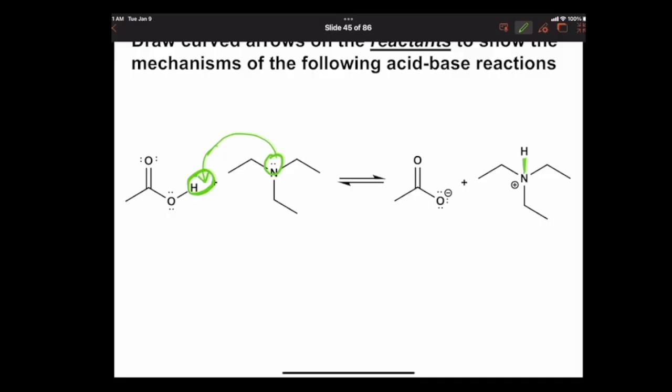What would be very poor, though, is if I were to draw out this base, lone pair, and my OH carboxylic acid. Please, please, please do not do any of these things. Error number 1, that. Why is this wrong? We don't know. There's not enough information here.